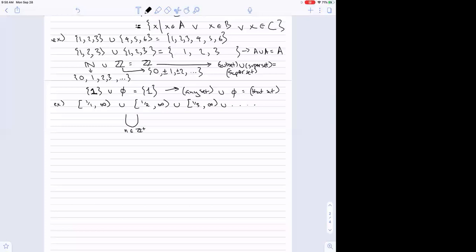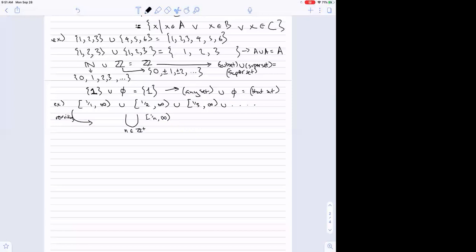And we have 1 over n comma infinity. So I'm just rewriting it. This is just a way to write it. You just write this big U, and then you write whatever next to it that you're taking the union over. So we're taking the union over all of these intervals.